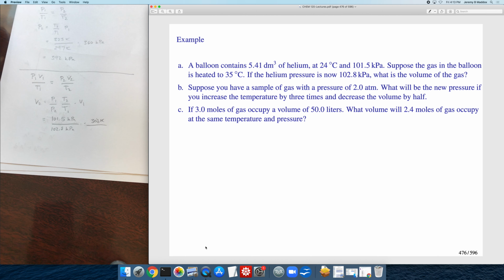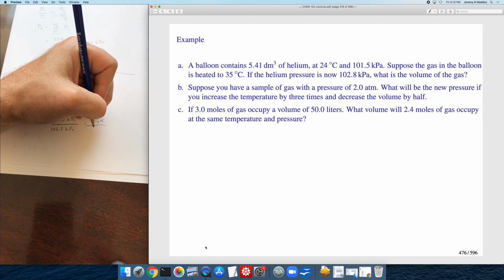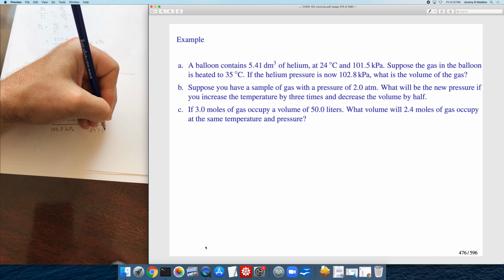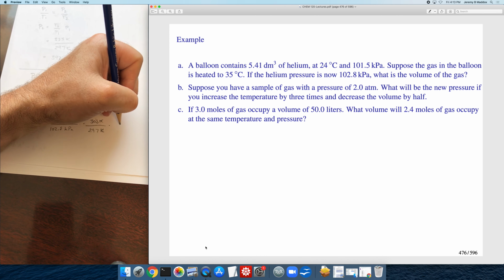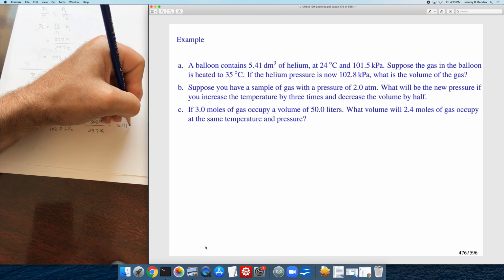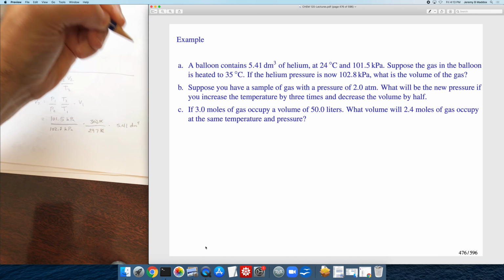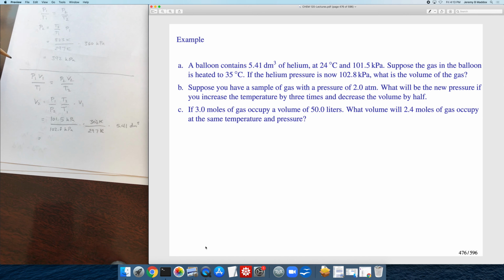And then the initial temperature in the denominator, 24 plus 273 is 297. And then times the initial volume, 5.41 cubic decimeters. Run these numbers through our calculator.